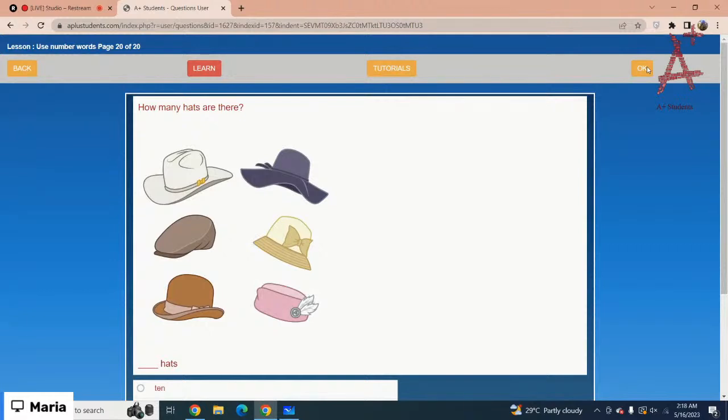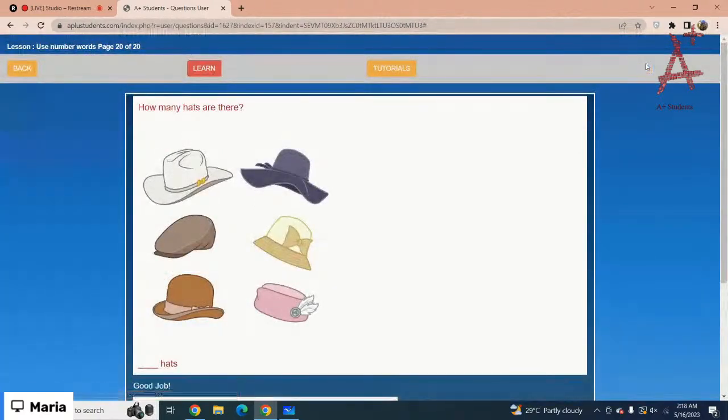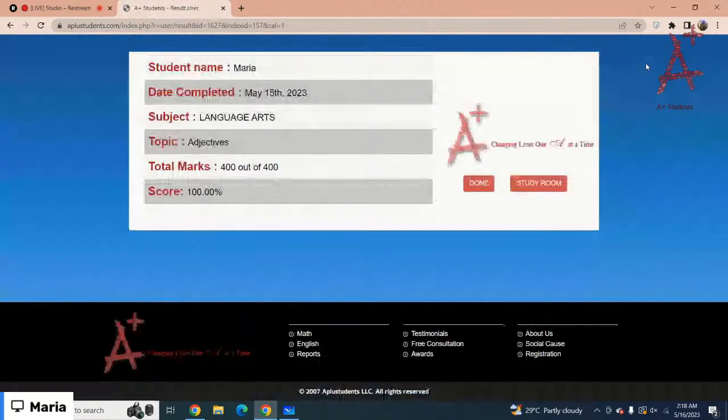How many hats are there? Six. The correct option is six. Okay, we are done with the lesson. Let's just move on to next lesson.